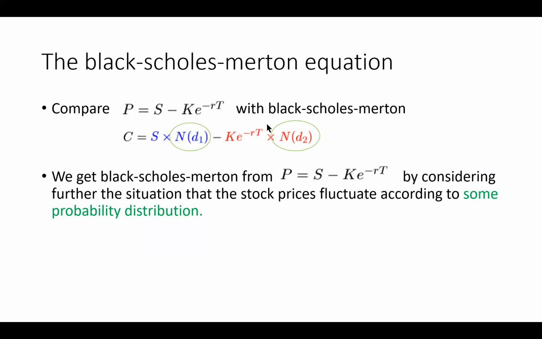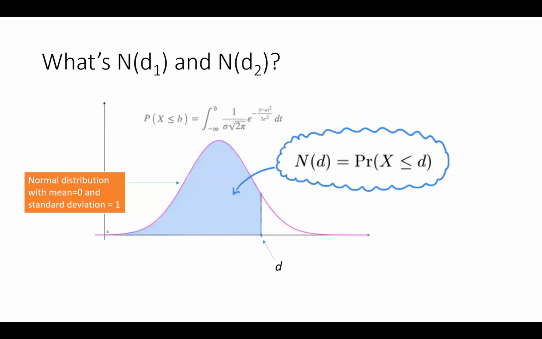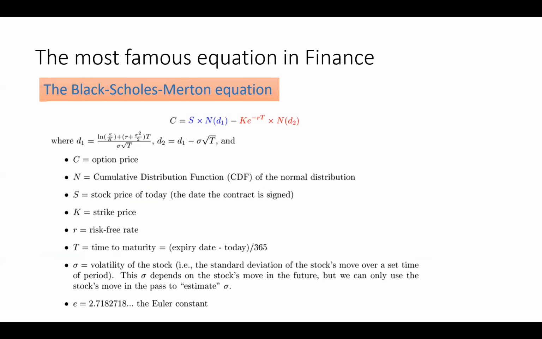And then Black-Scholes introduced some further probabilistic modeling, and based on it, it can set the expected probability distribution that will affect the stock price as well as the strike price. And eventually it comes up with the following objective formula.